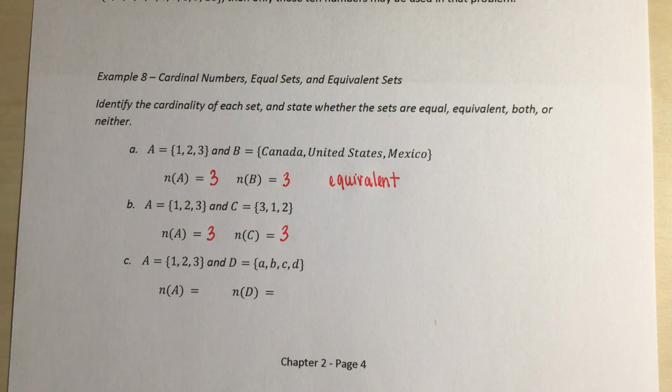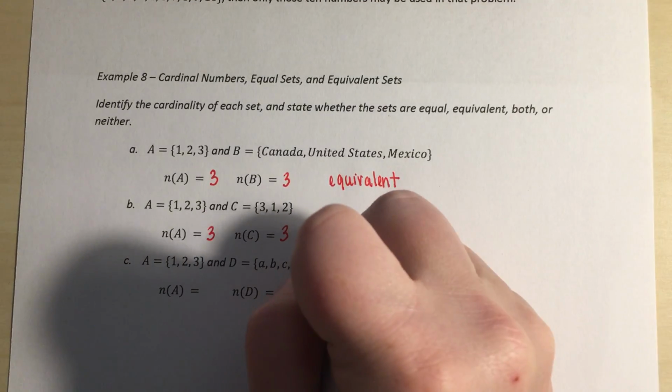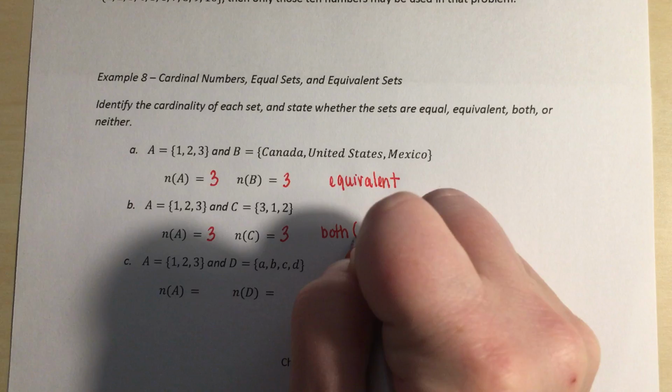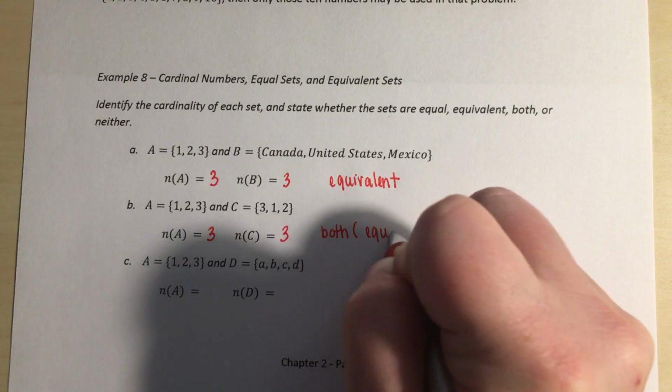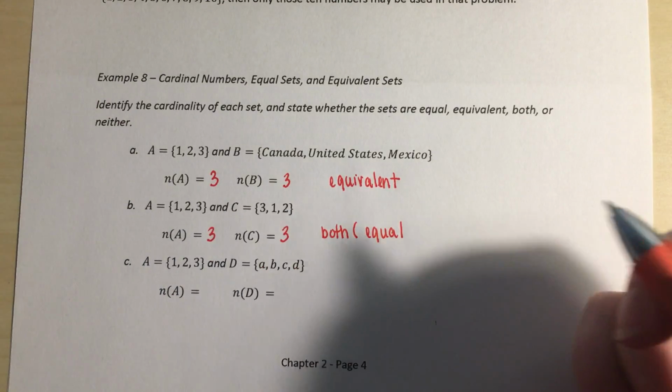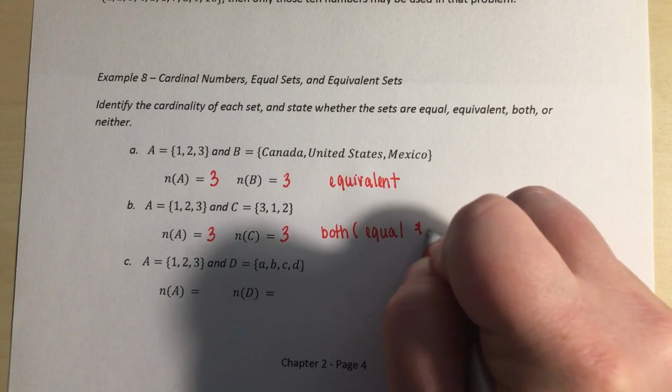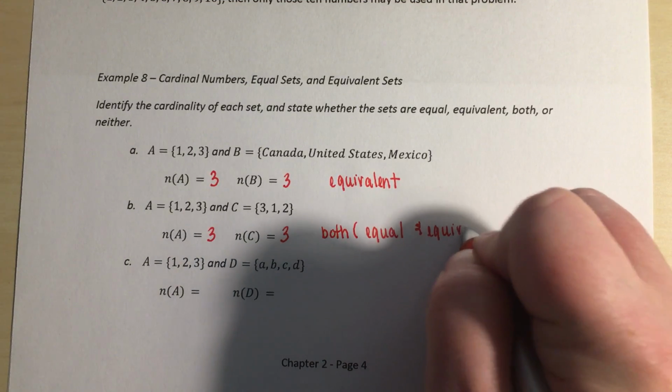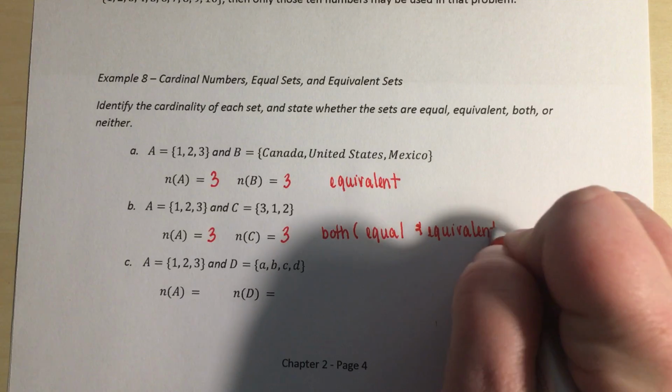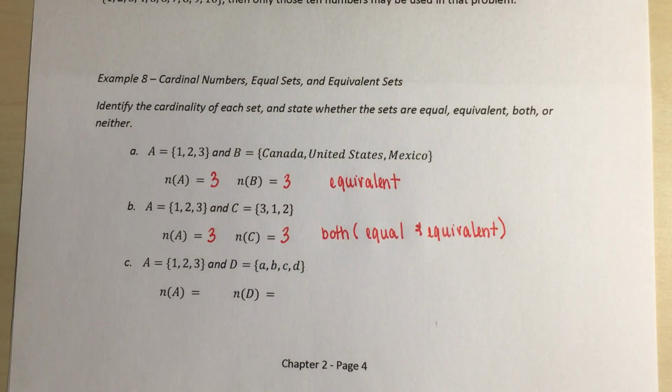So we're told to state whether the sets are equal, equivalent, both, or neither. So this is going to be an example of both. These are equal because they have the exact same elements, and they are also equivalent because they both have 3 elements.